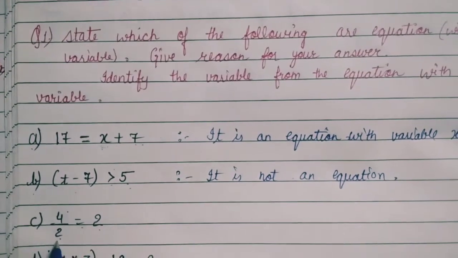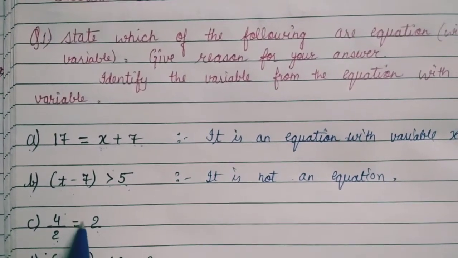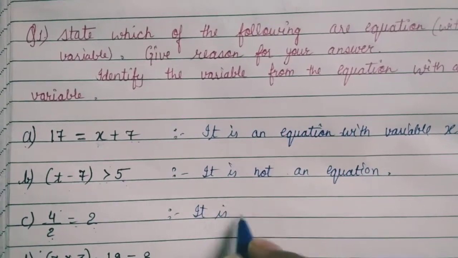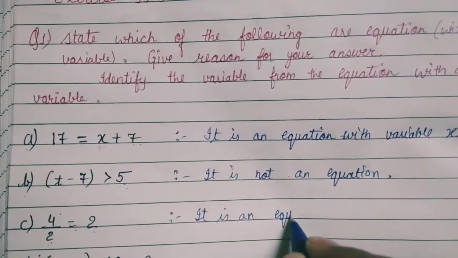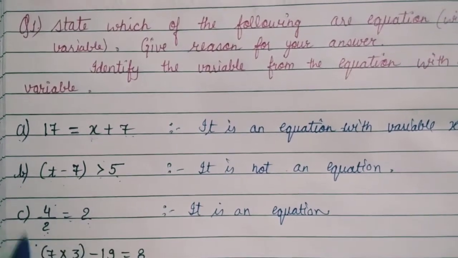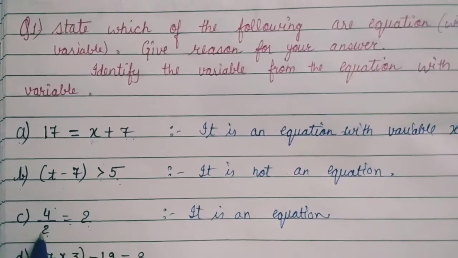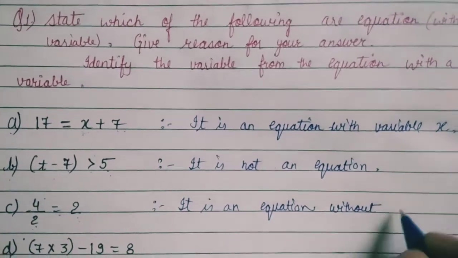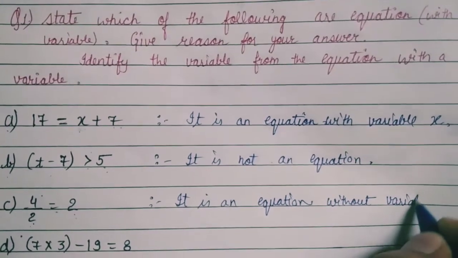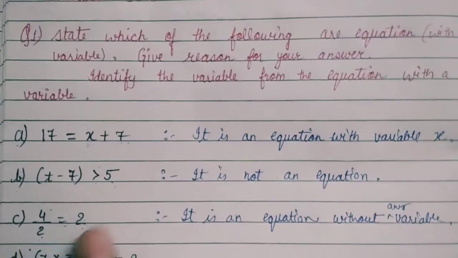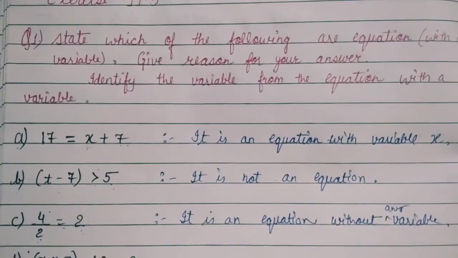In between left hand side and right hand side we have the equal symbol. So it is an equation. Now we will search the variable. Variable is here? No. So we will write here it is an equation without any variable, because none of the variable is in the C part.